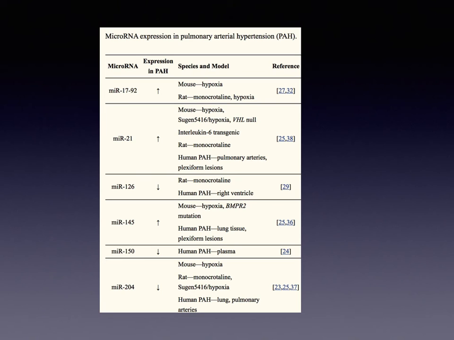MIRs are a group of small non-coding RNAs of about 22 nucleotides that silence gene expression by binding to the 3' untranslated regions of mRNAs and inhibiting translation or promoting degradation of the mRNAs.